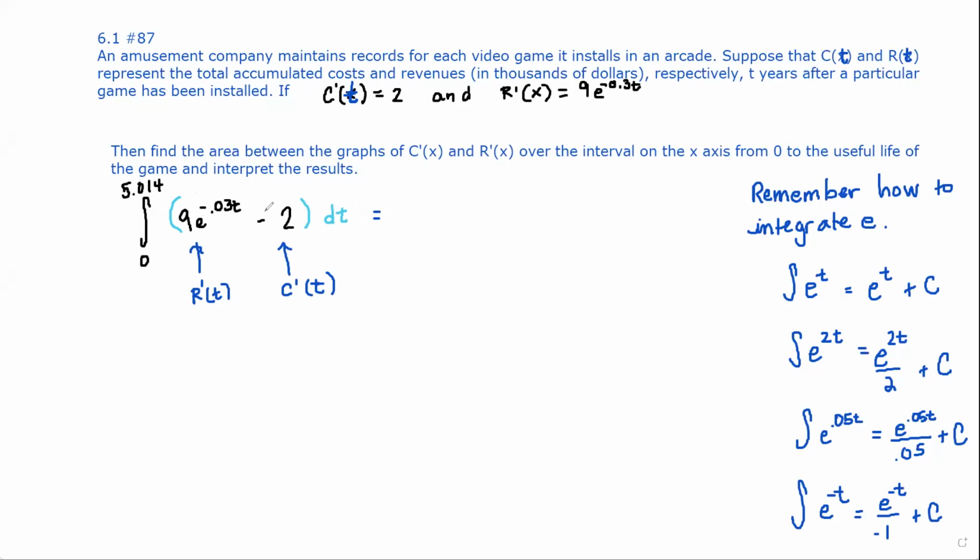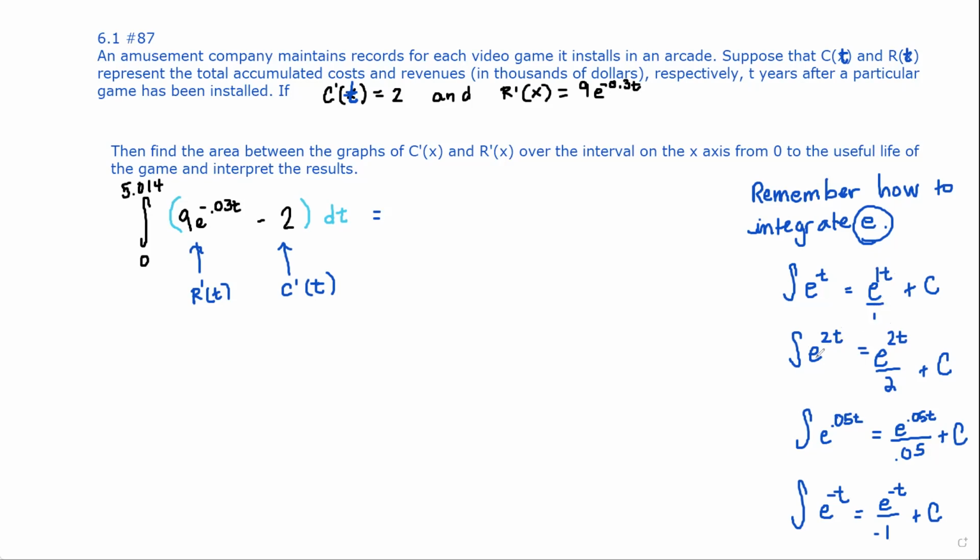When we need to integrate this, we need to remember how to integrate e. So for integrating e, e to the t just becomes e to the t because this is understood to be a 1. And if you take the derivative of the exponent, you get a 1, and we'd be dividing by it.